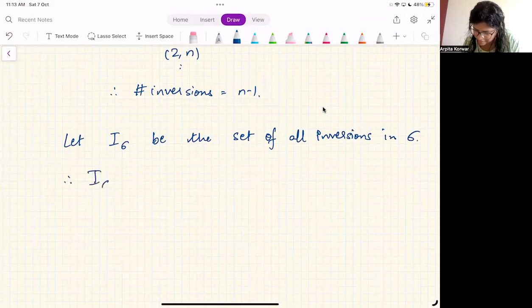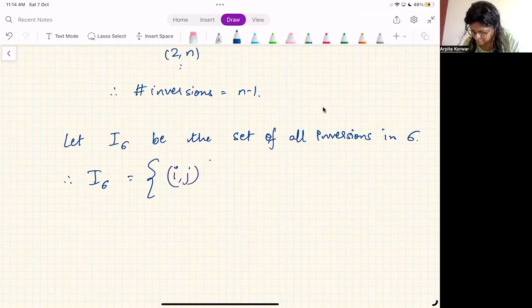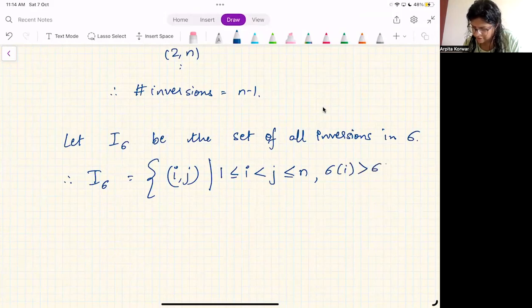Therefore, I sigma is equal to this set, right? The pairs i comma j such that 1 less than or equal to i less than j, strictly less than j, less than or equal to n, and sigma i greater than sigma j.